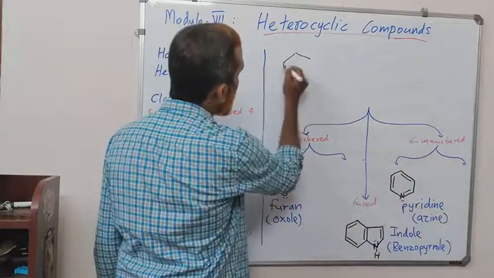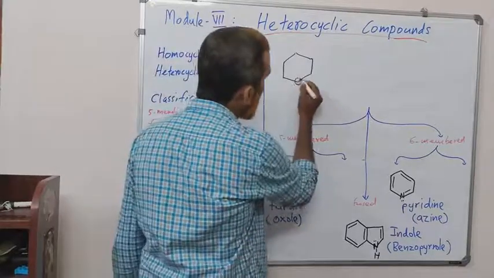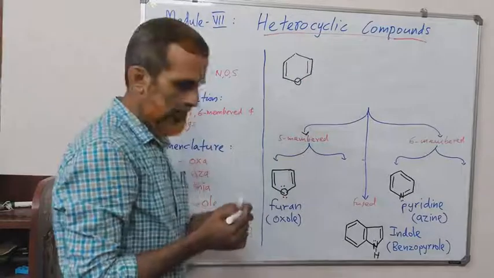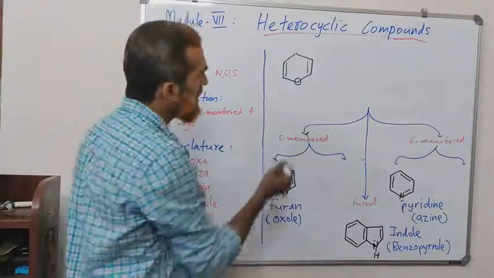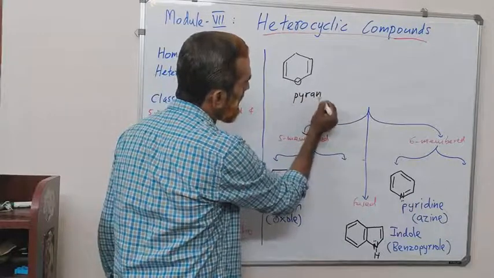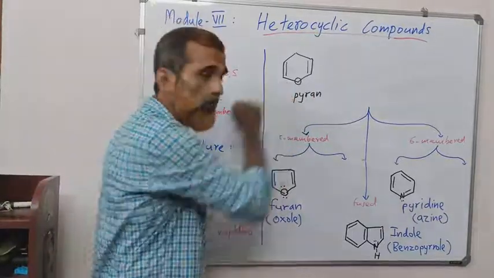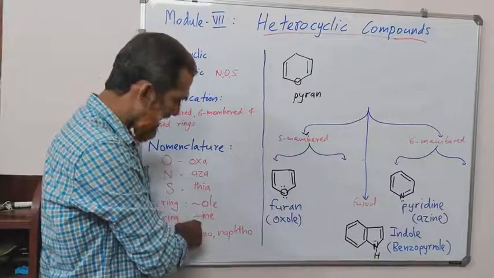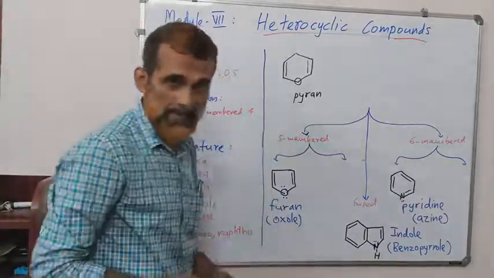Instead of nitrogen, if it is oxygen here, then the double bond will be coming only here. What is this called? This is called pyran. That's the common name. Systematically, it has to be called, according to this, oxa and ine, so oxine.